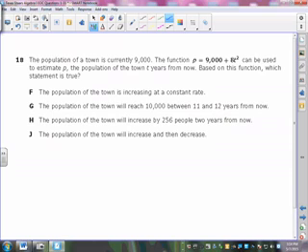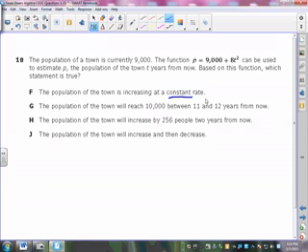Okay, we have the population of this town, and we want to know which of these is true. First of all, if something is increasing at a constant rate, that means it is linear. That means it's increasing or decreasing by the same amount each time.